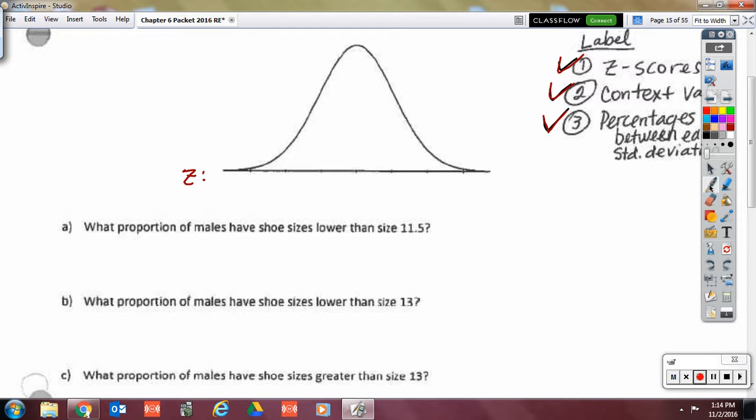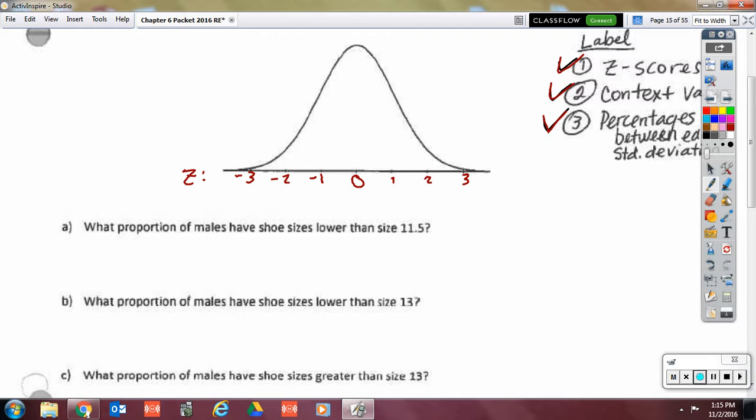And so, what is the z-score of the mean? Nope, 0. The z-score for the mean is 0. And then, of course, we have our positive 1, positive 2, and positive 3, our down 1 standard deviation, down 2 standard deviations, and down 3 standard deviations. So those are the z-scores that I want you to label.